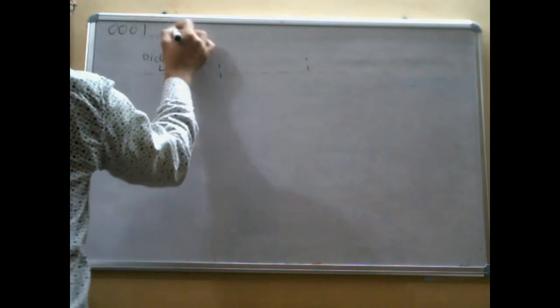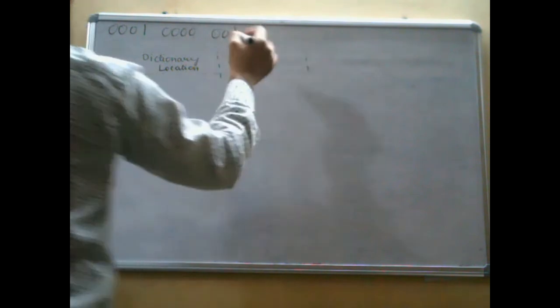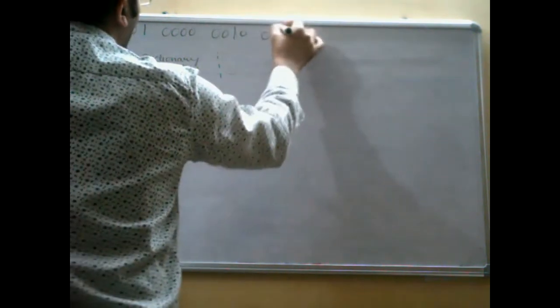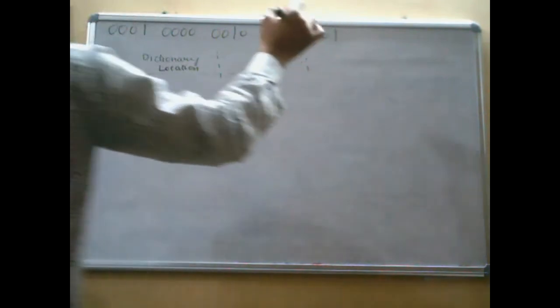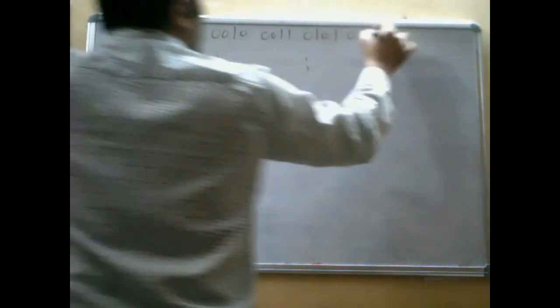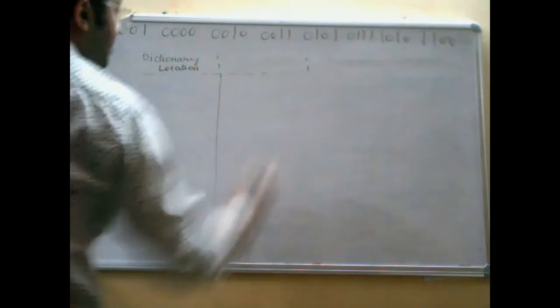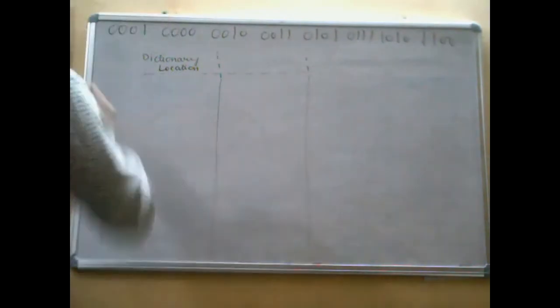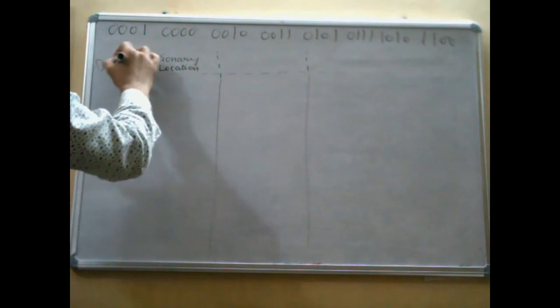0001, 0000, 0010, 0011, 0101, 0111, 1010, and 1100. So these are the code words that we have got. Now we talk about the decoding part.